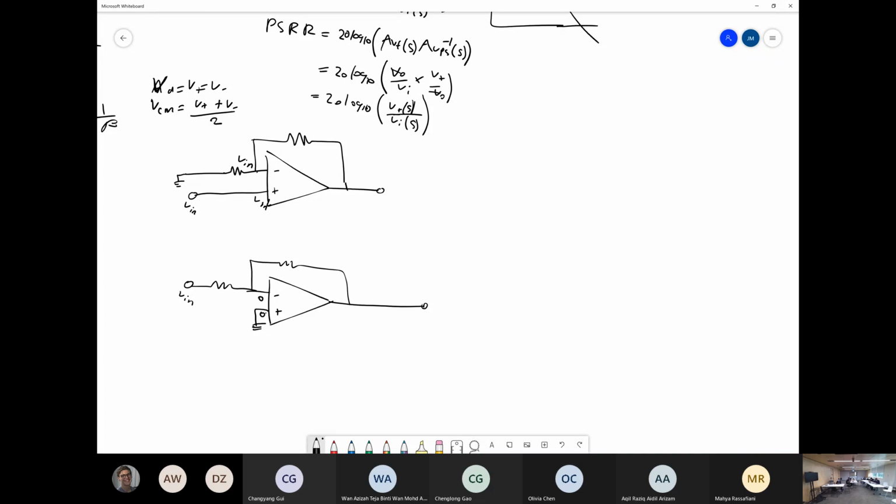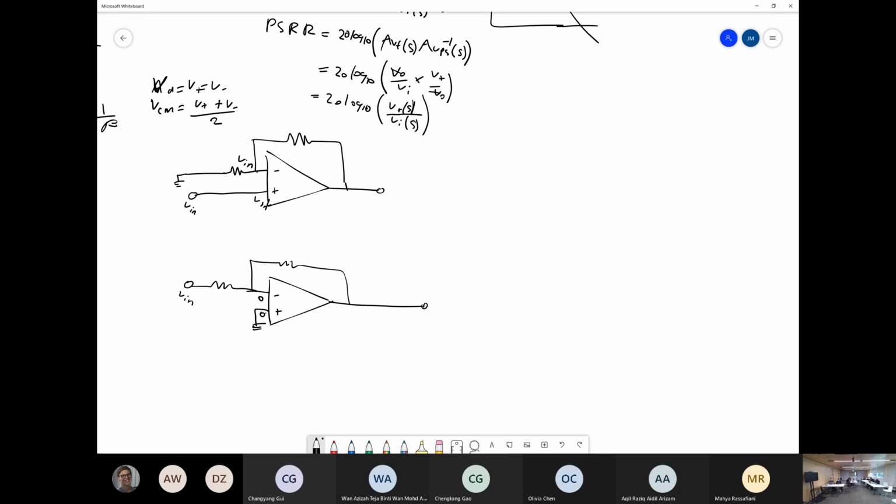What's the common mode voltage if I put 5 volts here? What's the average voltage between the inputs if I put 5 volts for V in? 0. If I put 10 volts? 0. Assuming the op-amp power supplies are, let's just say, plus minus 25. If I put like 20, assuming it's rail-to-rail input and rail-to-rail output, still 0, right? What about here? What if I put 5 volts here?